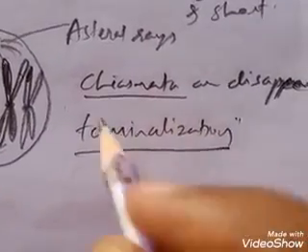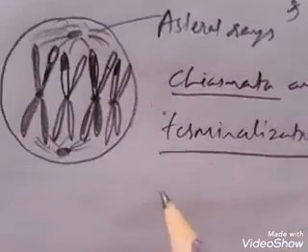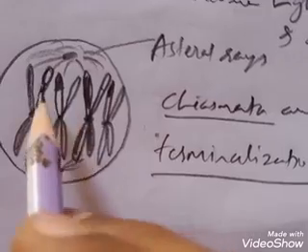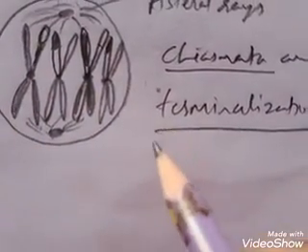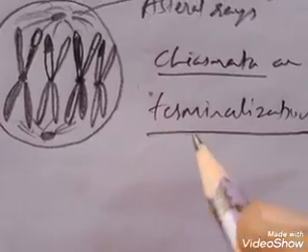Terminalization also takes place here, meaning the X-shaped structure gets separated and exchange of genetic material takes place. This is all with the help of the enzymes ligase and endonuclease.